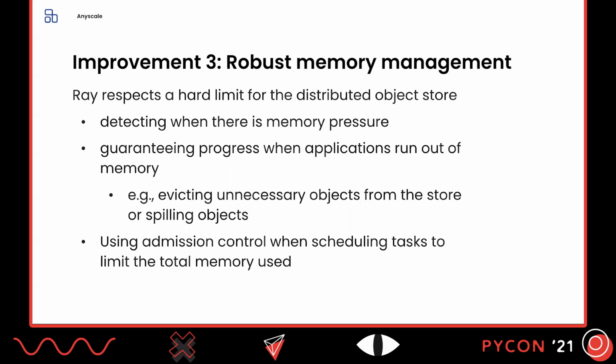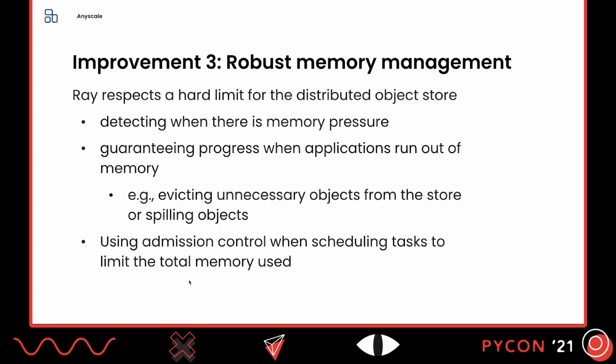For example, the task has to be scheduled and it needs to have some number of objects that have to fit into the memory. Then it properly evicts unnecessary objects or spills objects with the right priority. So it's going to make space always so that all the tasks in the system can actually be in progress.